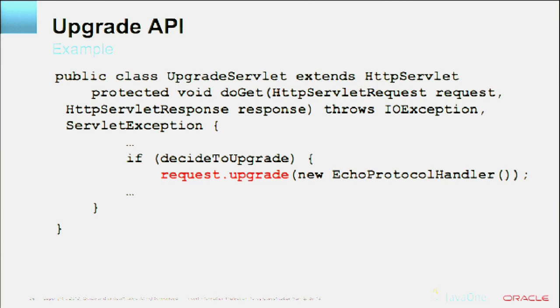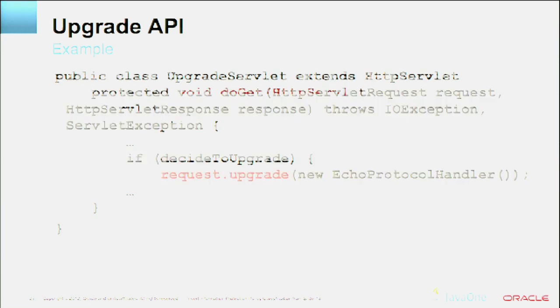If I decide to upgrade, then I will call this request.upgrade method, and then we pass in a new protocol handler. Now, all the magic is in here. How does it look? It turns out this one is actually related to the non-blocking I/O that we introduced at the beginning of the presentation.